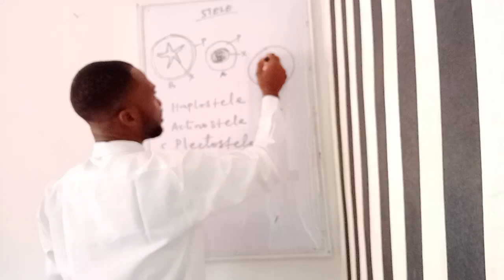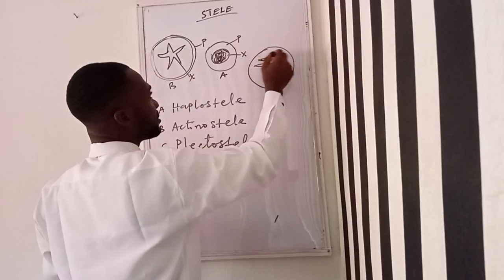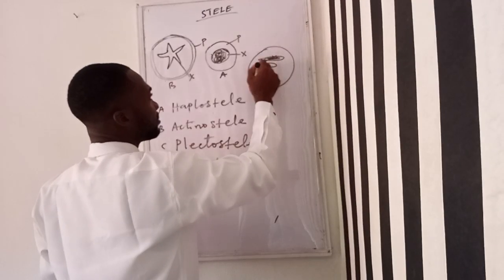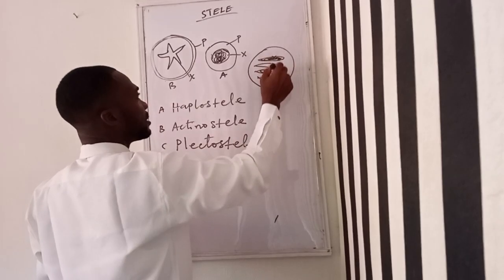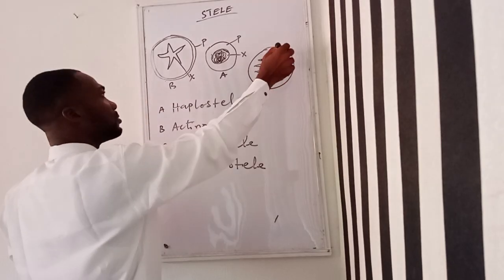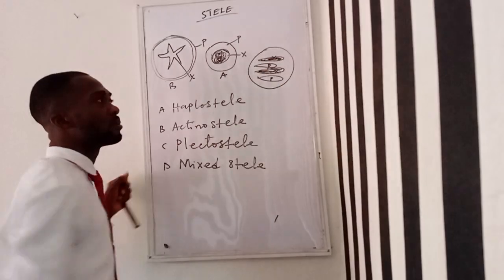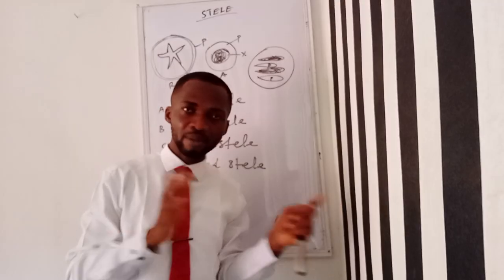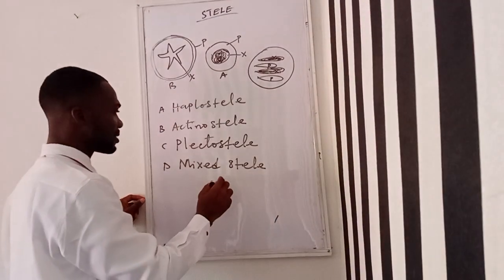They form parallel bands alternating with each other. So if this is xylem, this is phloem, then this is xylem, then this is phloem. The shaded one could be used as xylem, while the plain one is used as phloem. Then the last one is the mesostele.